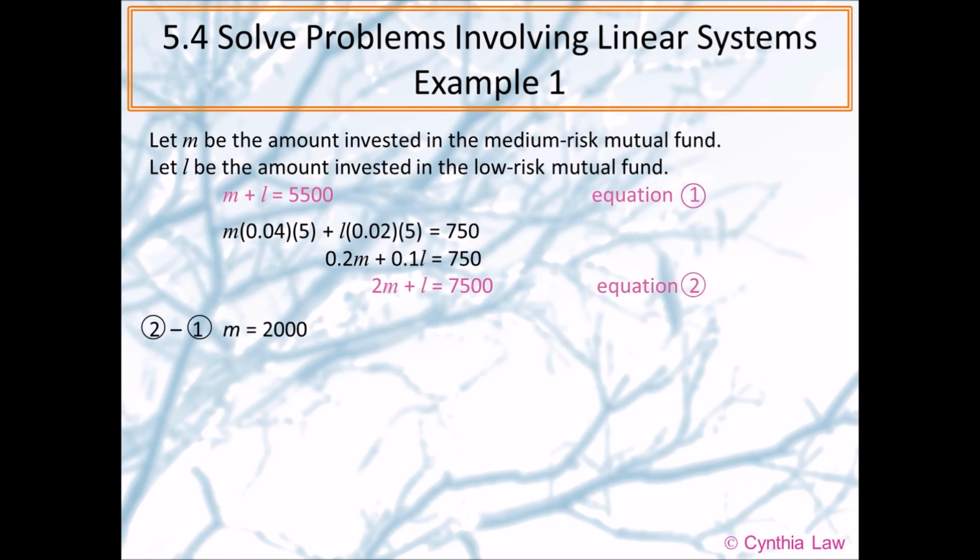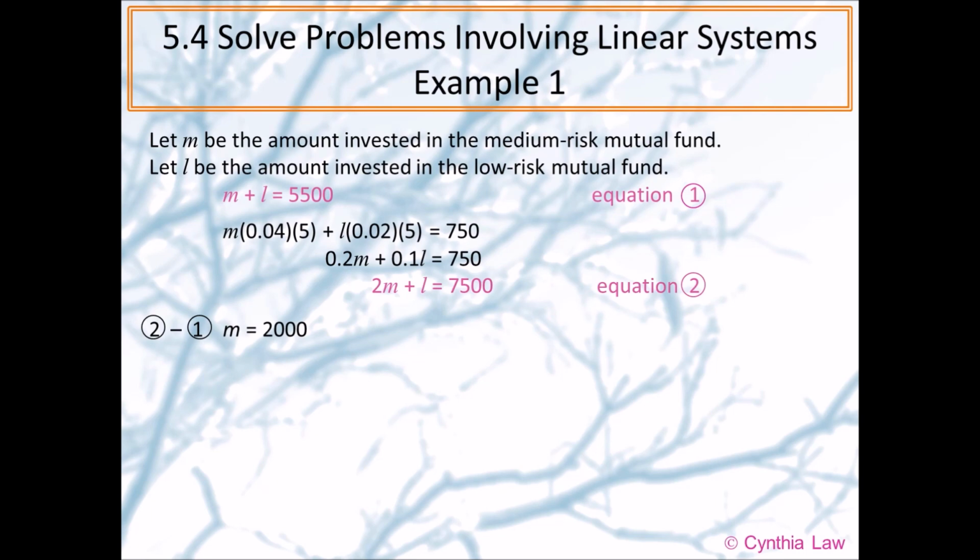So next step, I am going to use elimination, because right now in my two pink equations, I can see that L can be eliminated. So if I take the second equation and subtract the first one, so 2M subtracting M, I have 1M left. And then L subtracting L, there's no L left.